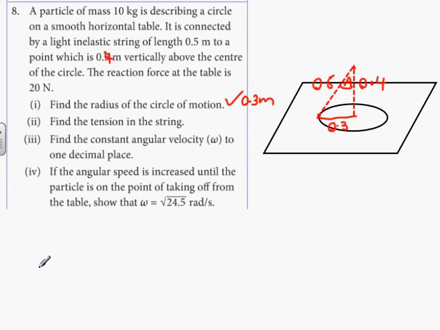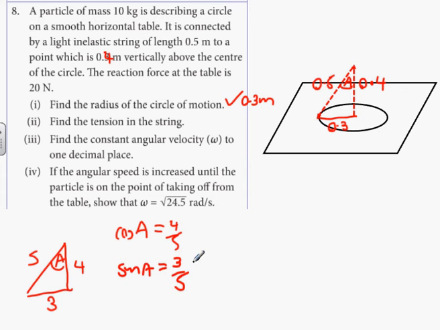See the way it's 0.5, 0.4, 0.3? You can enlarge that by a factor of 10. Doesn't change the shape of the triangle, but it'll make my maths a 3, 4, 5, and it'll still maintain its angle A. Now we know that cos A is 4 over 5, and sin A is 3 over 5.